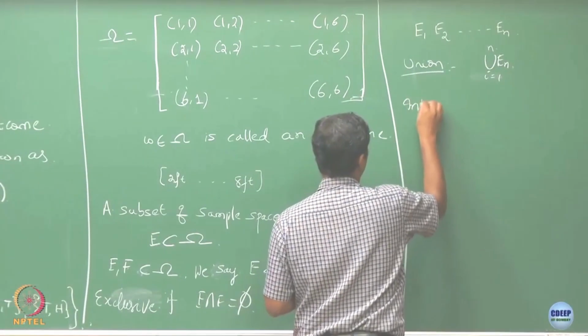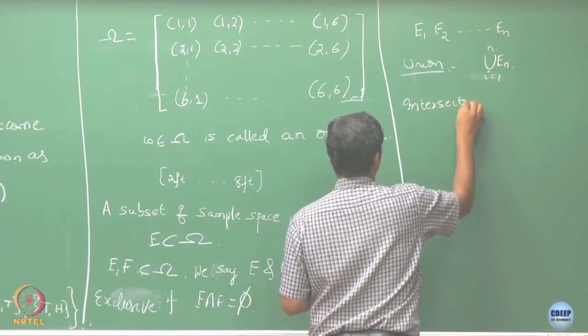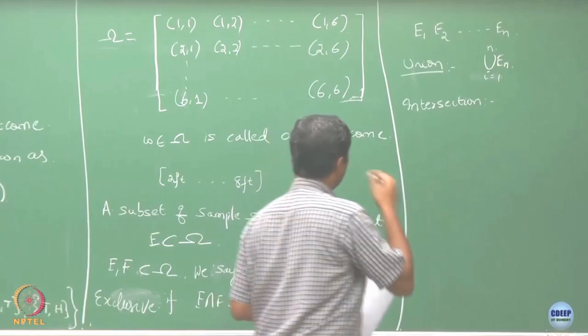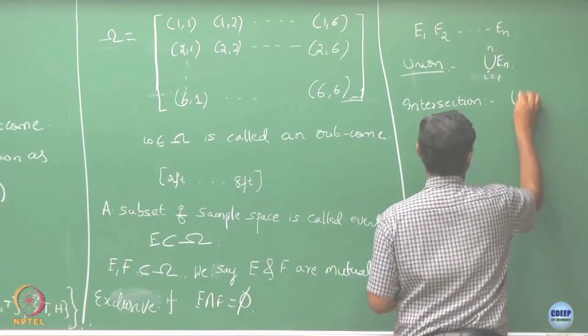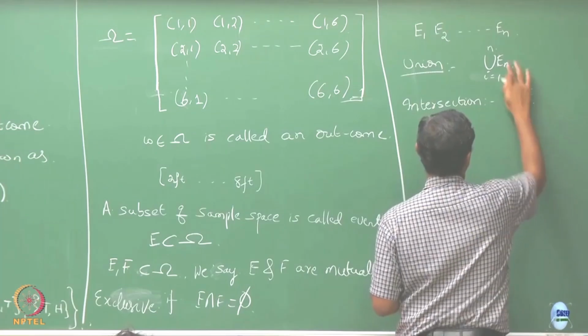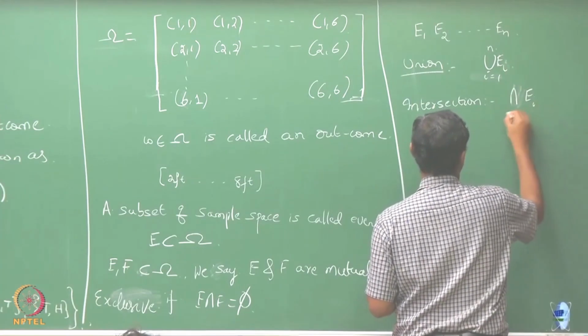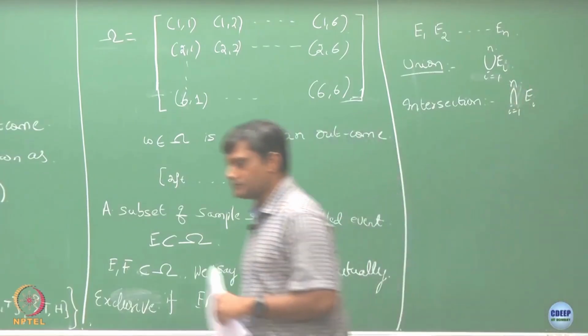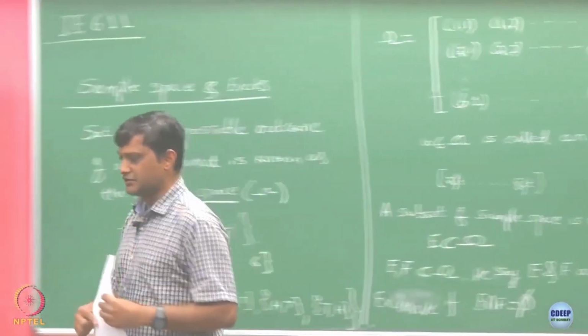Similarly, you can look at intersections. I could write it as the intersection of the events. What does the intersection of a set of events give you?